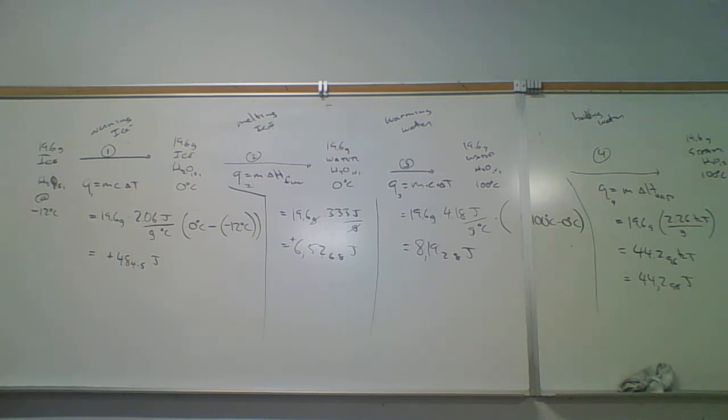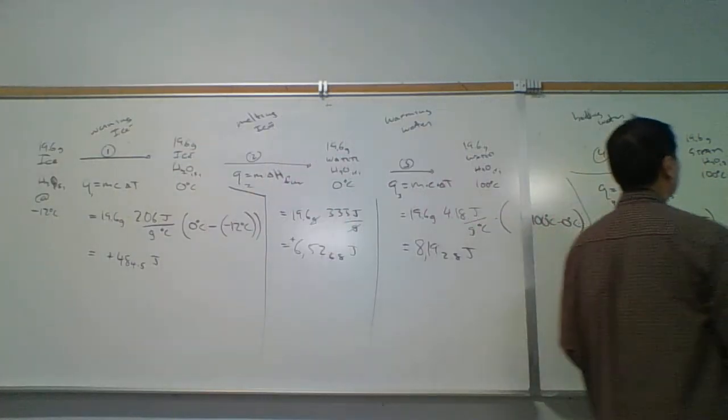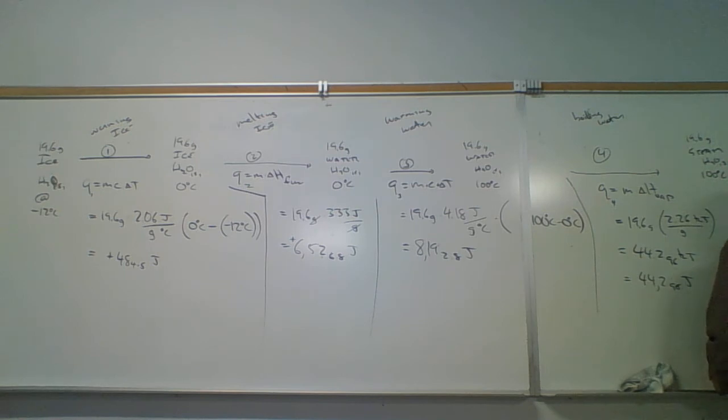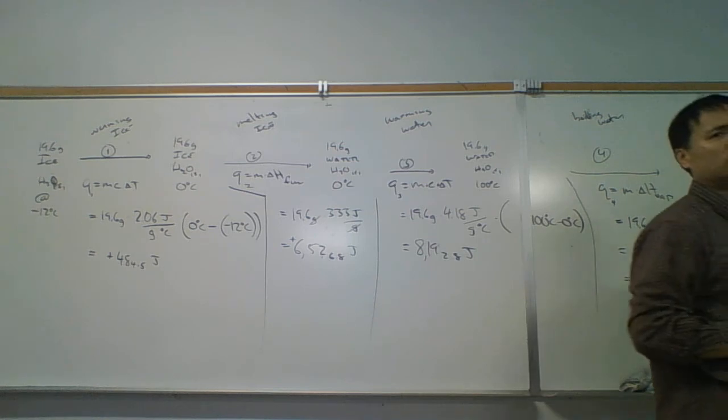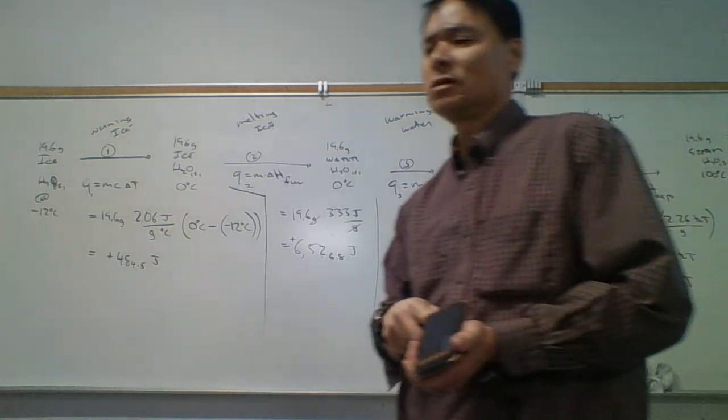That's where they're telling us to stop. They're telling us to stop at 115 degrees C. So we're going to end up with 19.6 grams of steam, H2O gas, at 115 degrees C. So that's given.